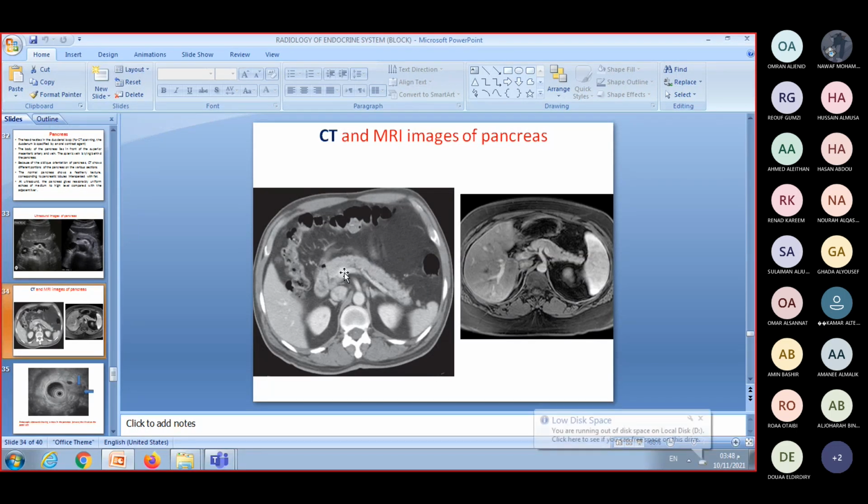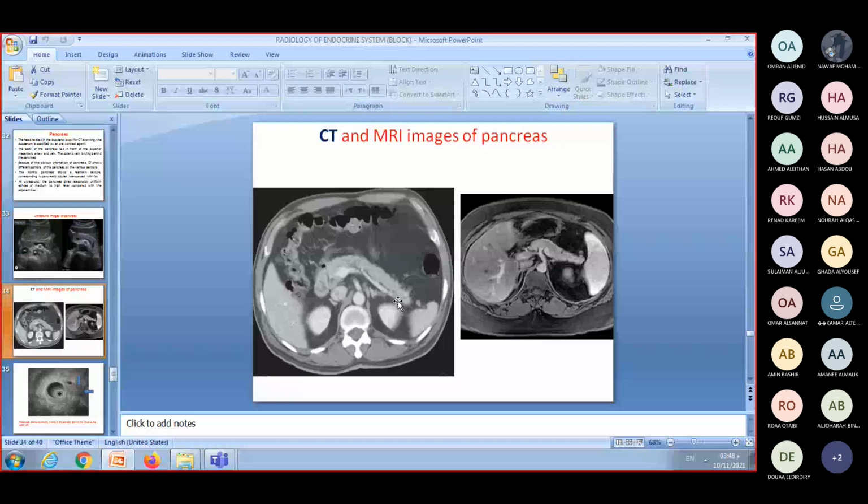Again, what is this? That's the splenic vein. Or no, portal vein. And what is this? Superior mesenteric artery. The superior mesenteric is a branch from the what? From the aorta. This is the aorta. This is the superior mesenteric artery. And what is this? IVC.